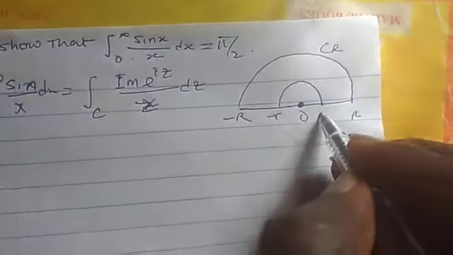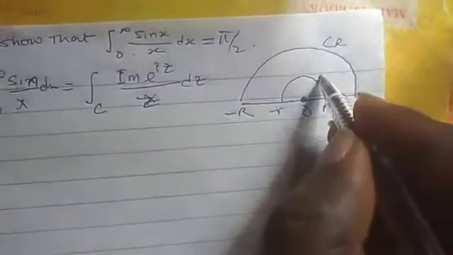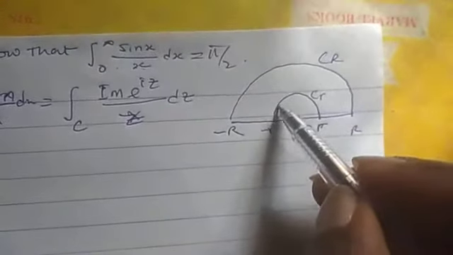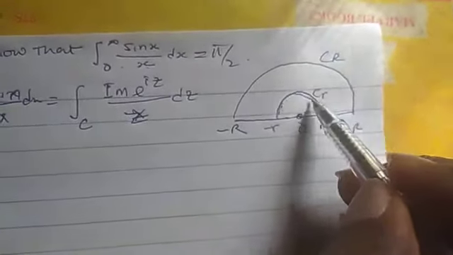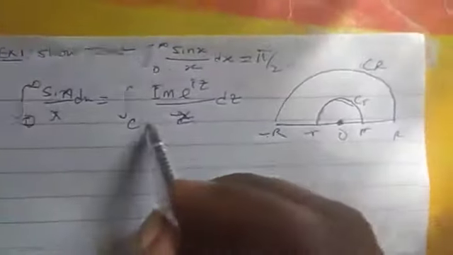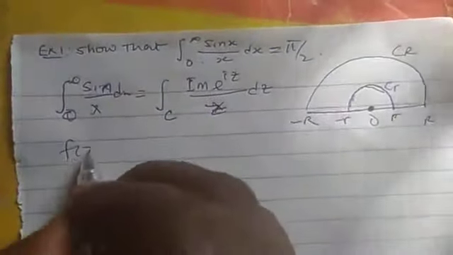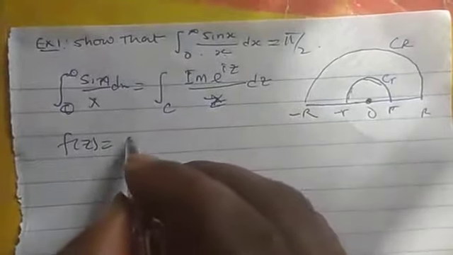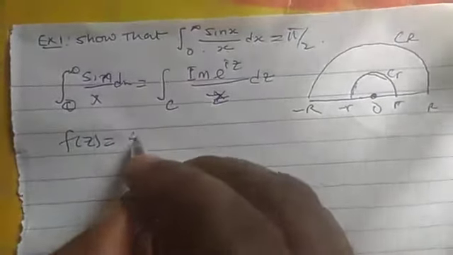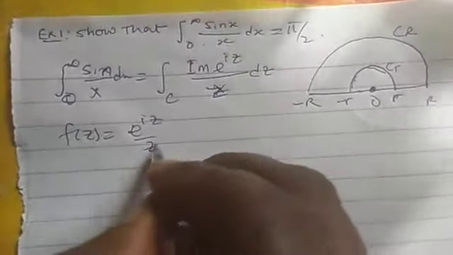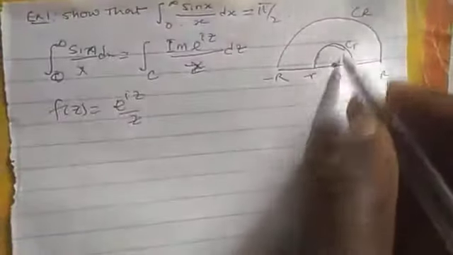This is minus small r to small r, c small r. And what is here now is that we have cut this singular point, because the singular point here, our f of z is equal to exponential I z over z. We have cut the singular point already.